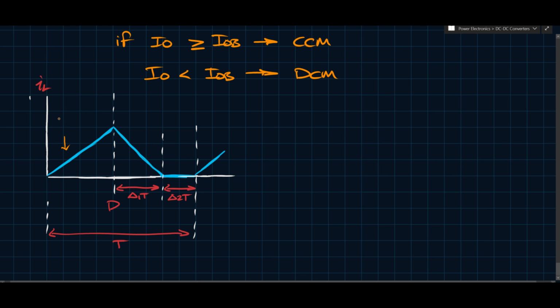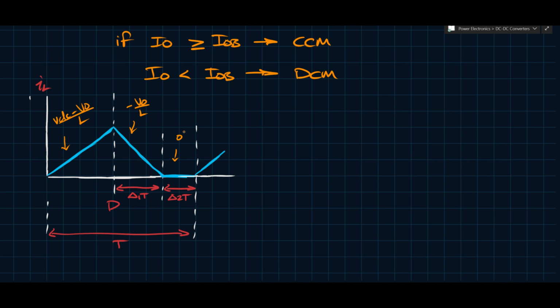But these slopes don't change. This is still VDC minus VO over L. This is still minus VO over L. And of course, this part here is 0, so that doesn't really matter. So how do we make use of this now? We can analyze this to determine the conversion ratio, because the converter is no longer behaving as it was in the previous case. So we can't expect the conversion ratio to be the same, and in fact, it's not the same.